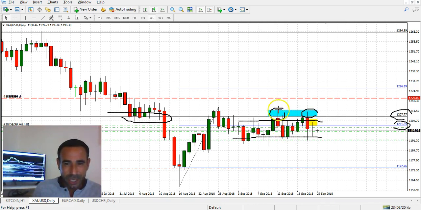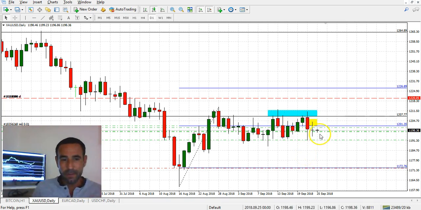Price was basically challenging the level, trying to break through, bouncing back, closing below, and on the second attempt, quite the same. Now, also, I would like to suggest the 1201 as a resistance level. I mean, weaker. It's a local resistance, but you can see the reaction we had here, and also just yesterday, where price was trying to break above that level and failed.